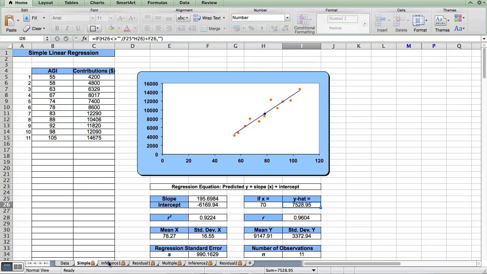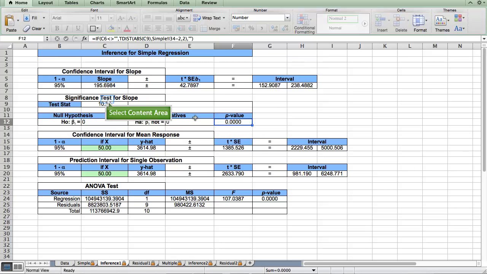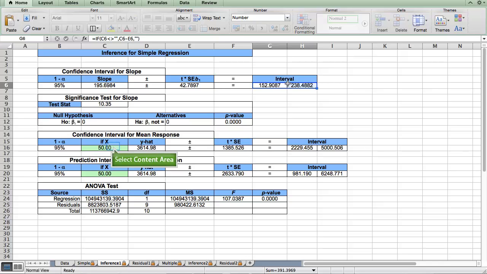But before doing so, we would of course want to check our significance results, and the very strong t-stat and the very strong p-value near 0, as well as our confidence interval for beta 1 clearly excludes 0. So these results are telling us that there is a true linear relationship between AGI and charitable contributions, one that should hold throughout the population of IRS tax returns that include charitable contributions.